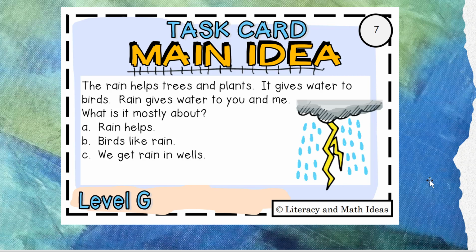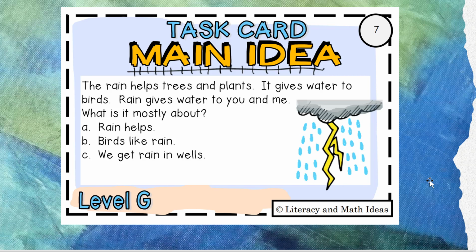So they give us many examples about how rain helps. So it says how rain gives water to birds. It gives water to you and I. It even gives it to trees and plants. Each one of them is a different way of showing how it will help.